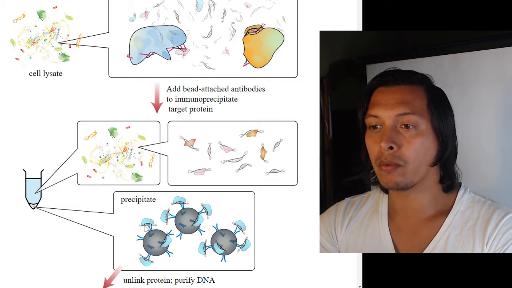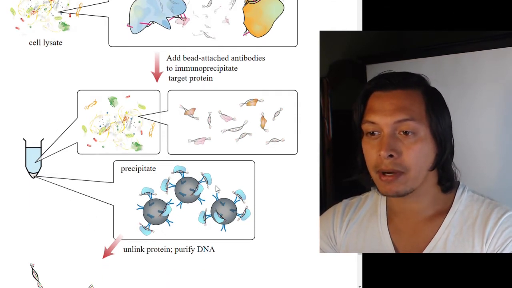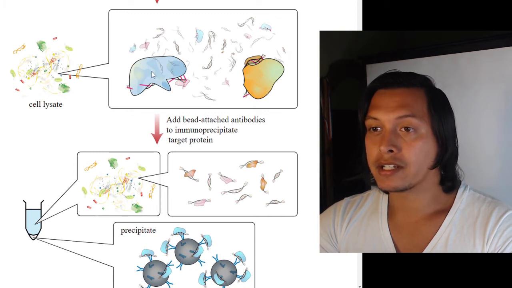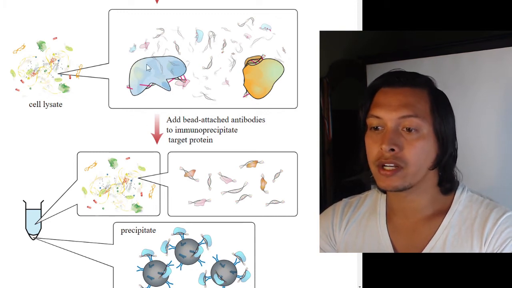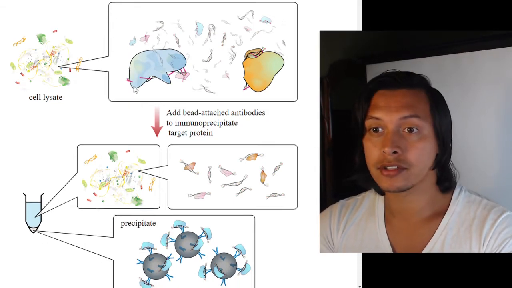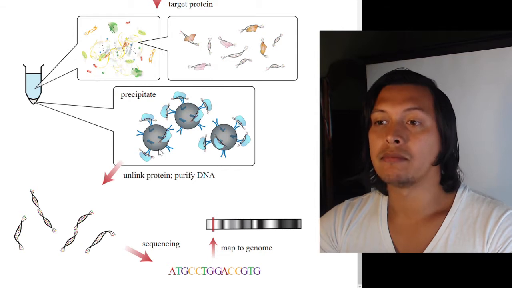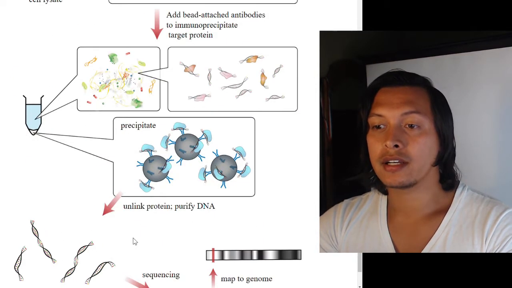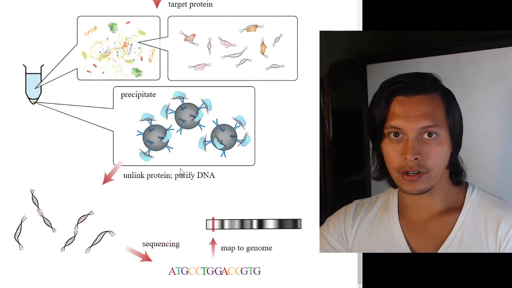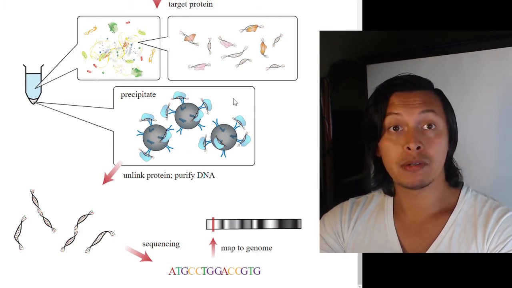Then we can add these beads that have antibodies on them, and these antibodies might specifically target one of these proteins; here they're having these blue proteins be targeted. And so the protein will then come down. In this particular experiment, they want to see what type of DNA this protein binds to.